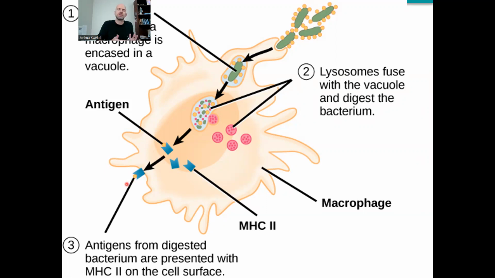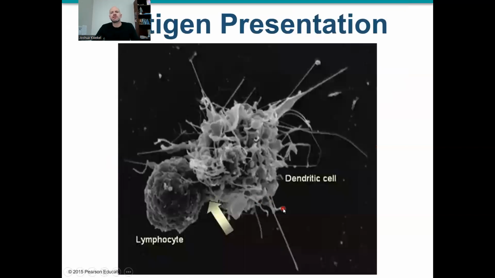And it can travel and show this pathogen to a T helper cell. That's called antigen presentation. MHC2 always displays foreign antigen. It's showing the T helper cell, this is a foreign invader, this is what it looks like. So let's respond to this bad guy, and here's the molecular profile of what it looks like. Here's a dendritic cell showing a lymphocyte and doing antigen presentation.